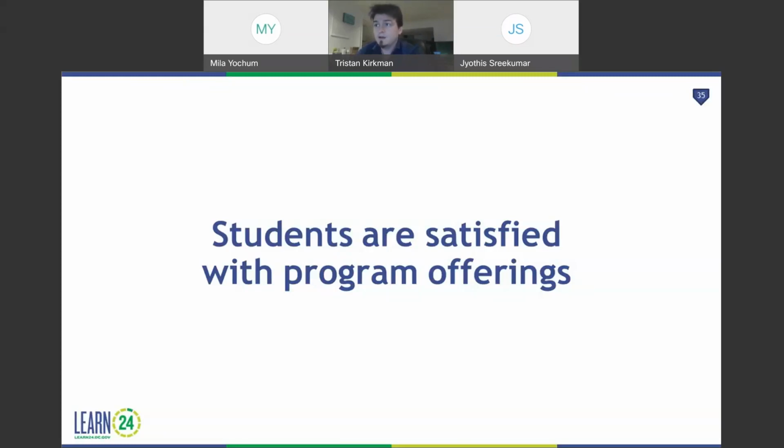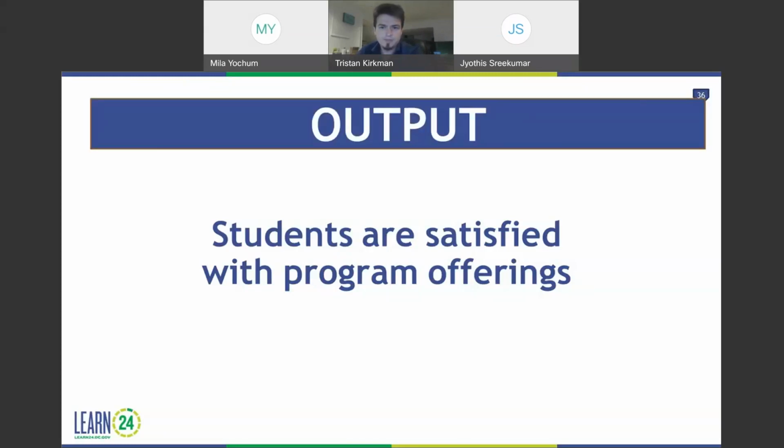All right, so we've got some answers to our test question here. Seems like most people thought this was an outcome and a few thought it was an output. So this is an output. Students being satisfied with your program offerings isn't, say, a short-term or a medium-term or a long-term outcome.